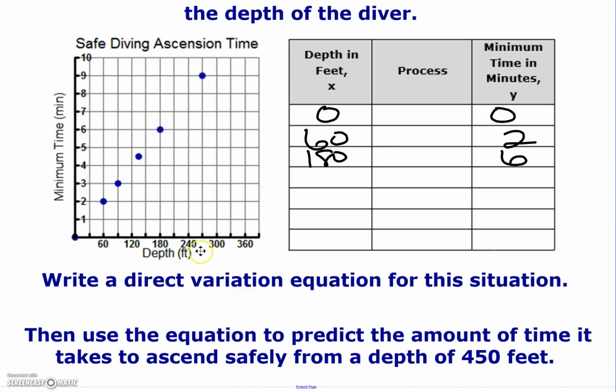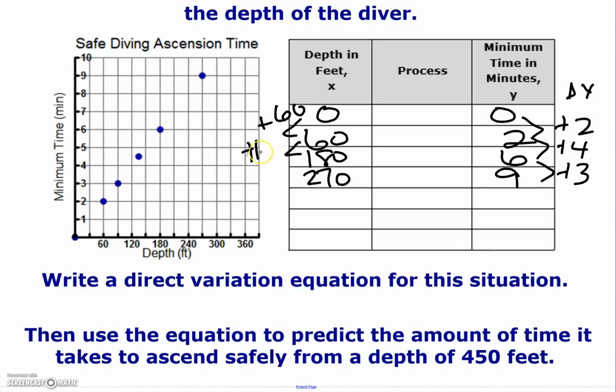And 270 and 9. So, to figure out our process, remember we need to find our change. So that's plus 2, plus 4, plus 3, plus 60, plus 120, plus 90.